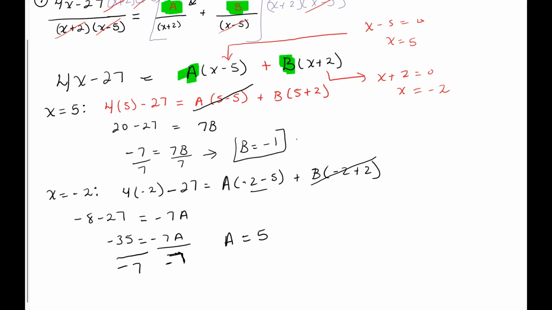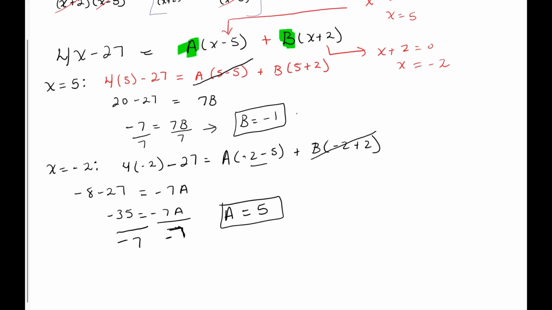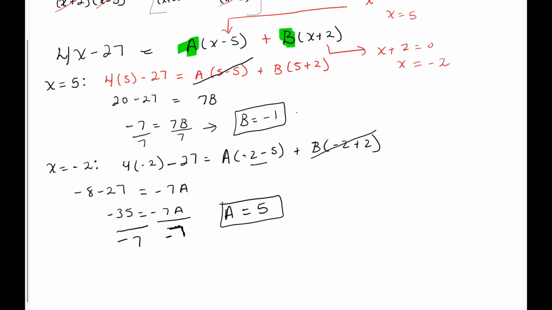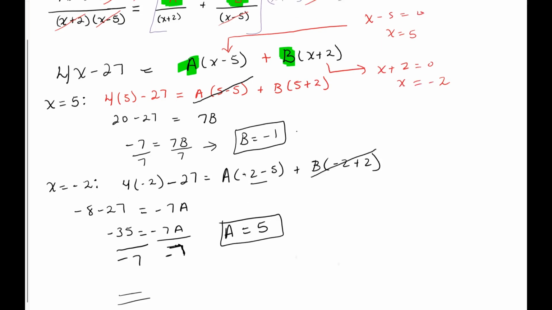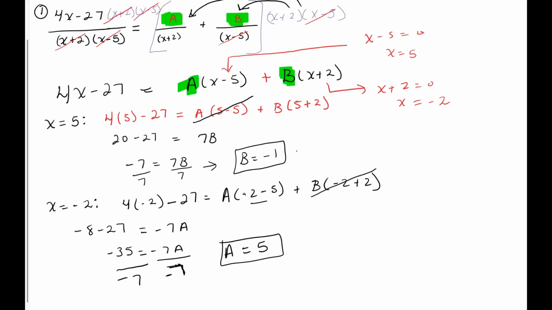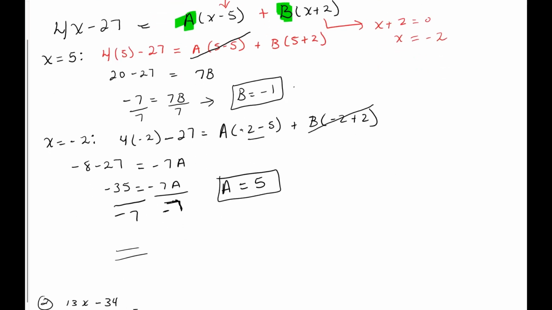So b equals negative 1, a equals 5, but we're still not done. We have to write out our decomposition. Well, that means we're going to have to go back. Here, in this region, we had a over x plus 2 plus b over x minus 5.